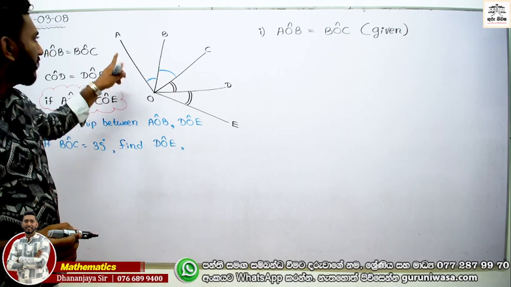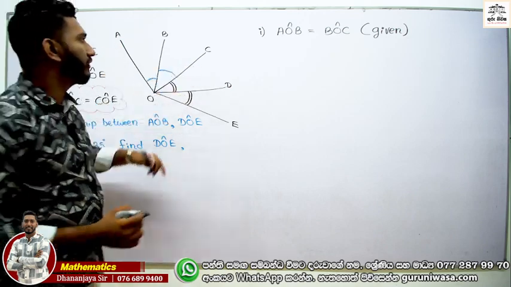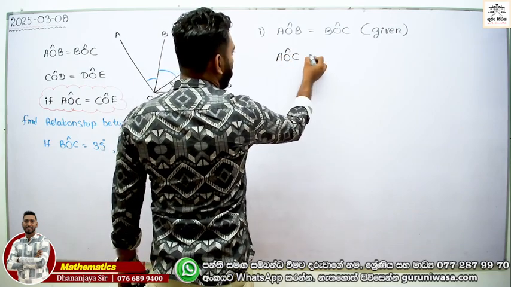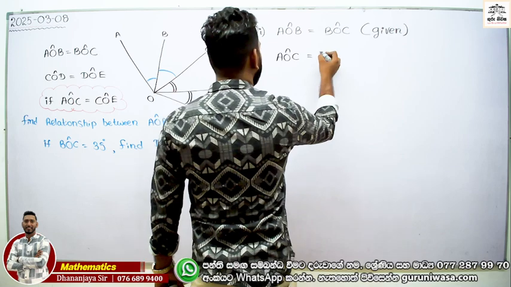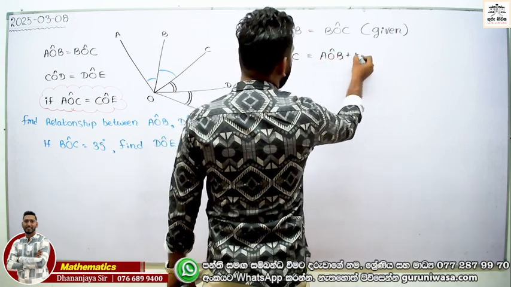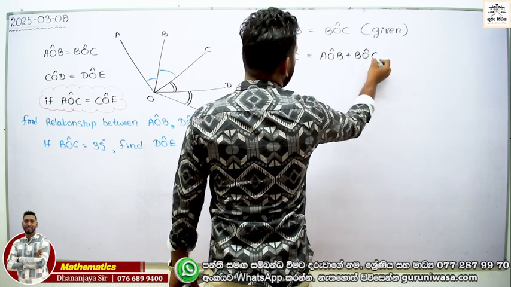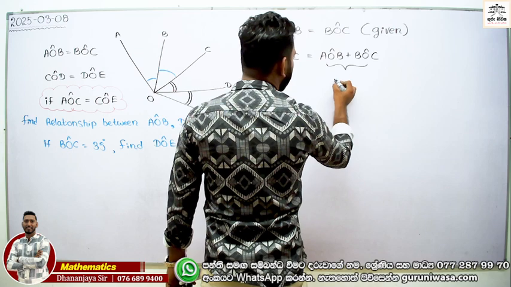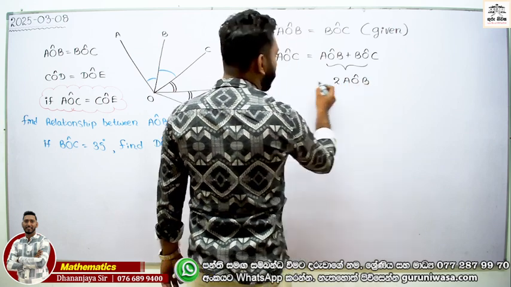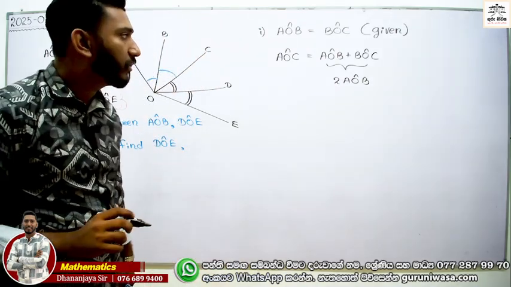Therefore, we can write AOC equals AOB plus BOC. That means this becomes 2 times AOB. Yes or no? Yes. It's 2 times AOB.